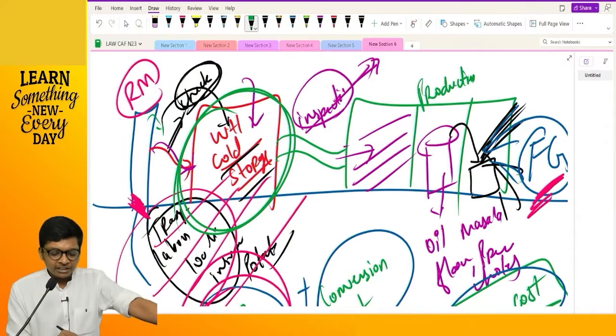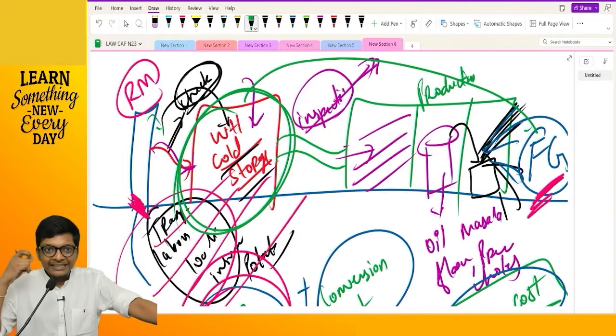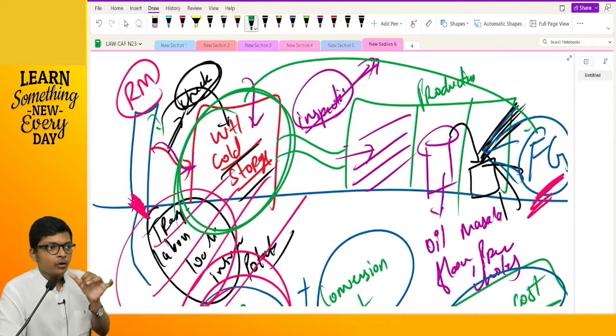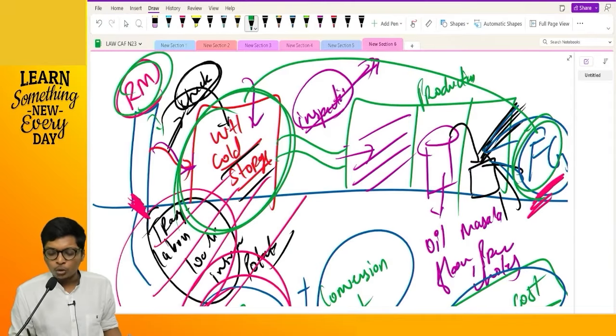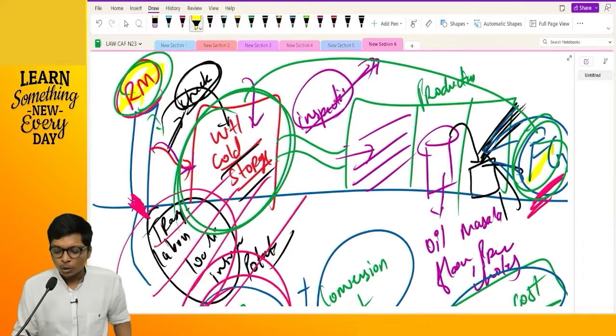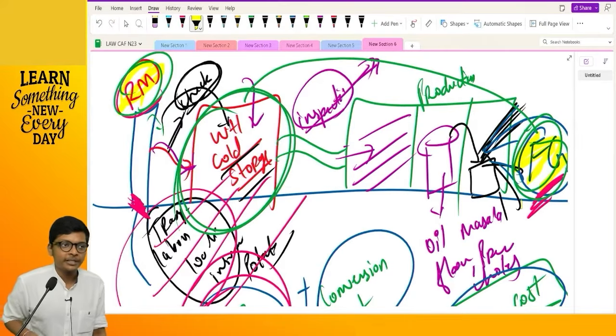Then conversion from potatoes, it became Lay's chips. What all cost is incurred for the potato to become Lay's chips is called what? Conversion. Converting from raw materials to finished goods. What all cost is incurred, guys? Tell me.